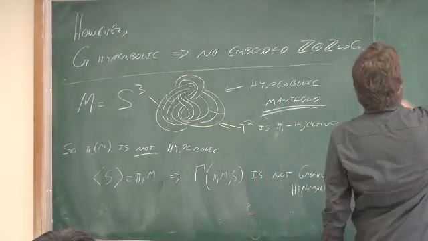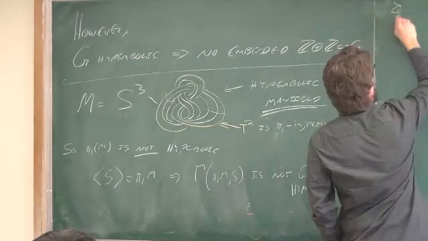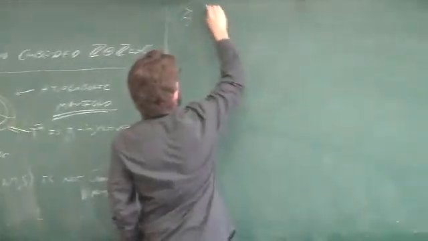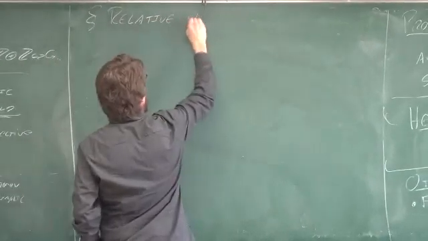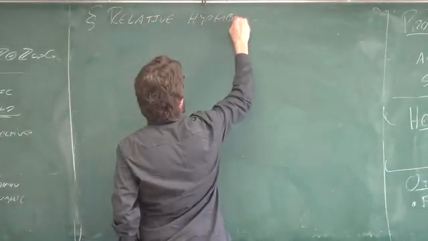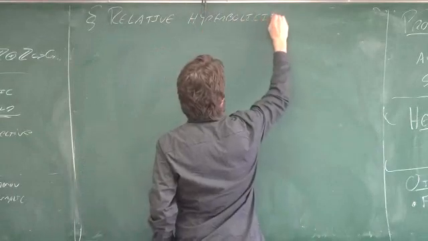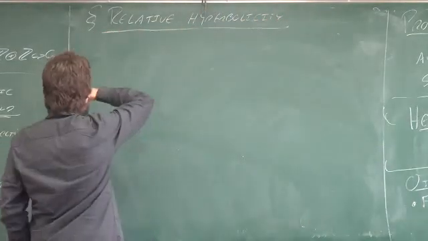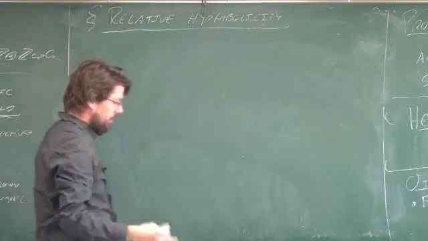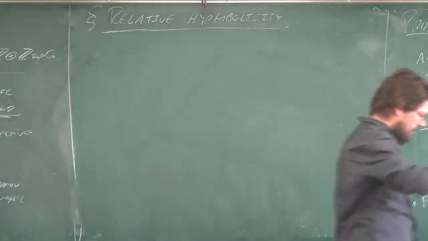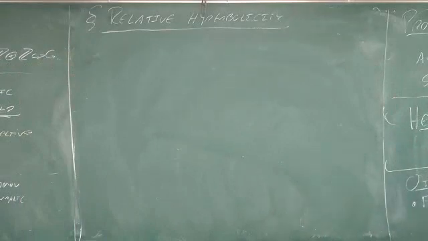Okay, so next I want to talk about relative hyperbolicity. How do we solve this problem? We have this subgraph which can't be hyperbolic.